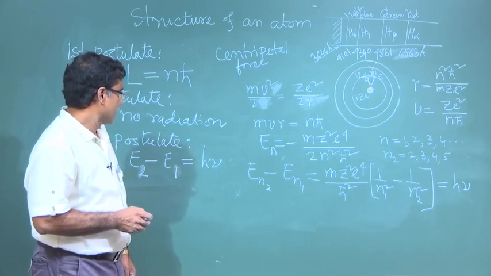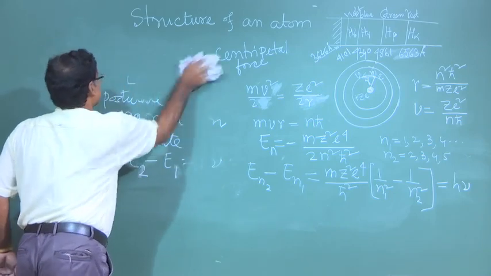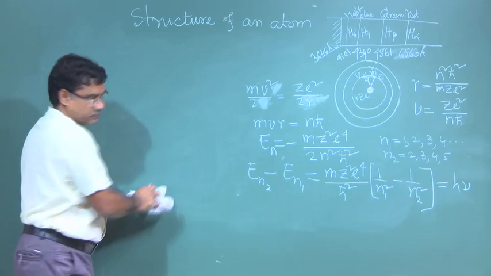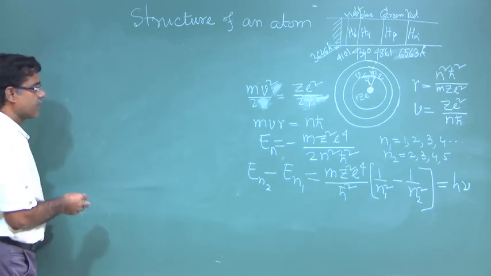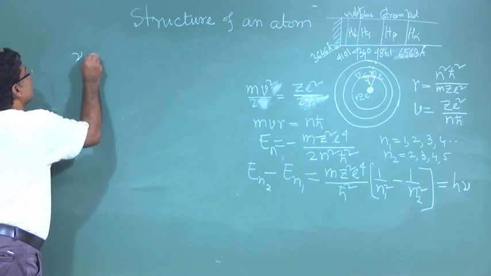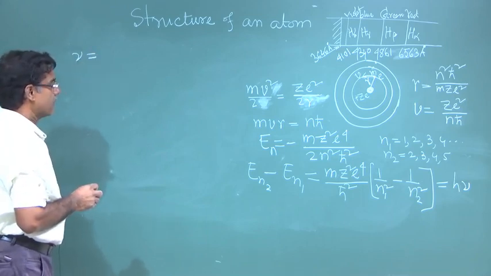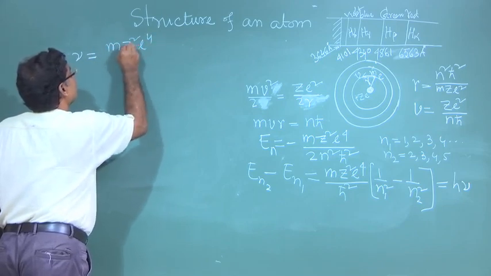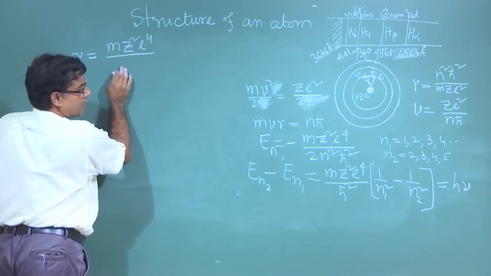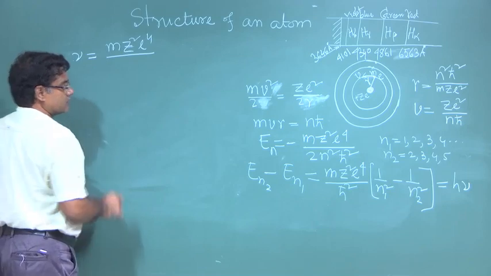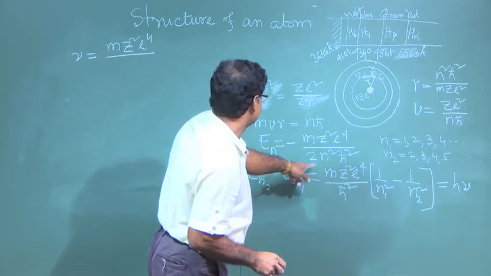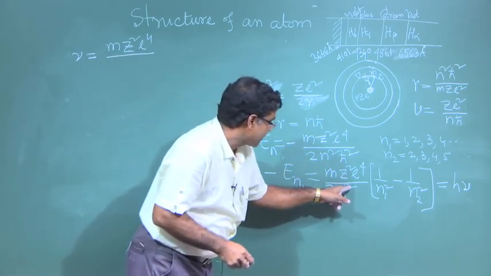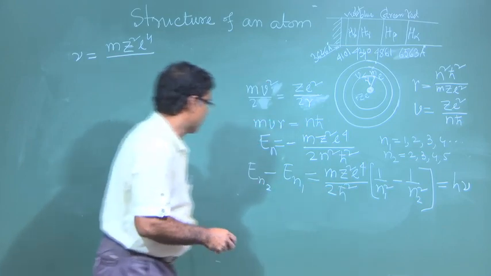So from here I can write nu equal to m Z square e to the power 4 divided by, now here I am missing a 2, I have to put 2 basically here, and h square by 4 pi square.